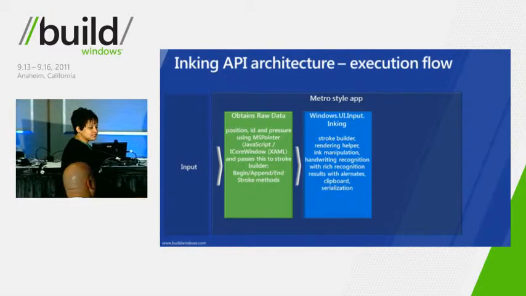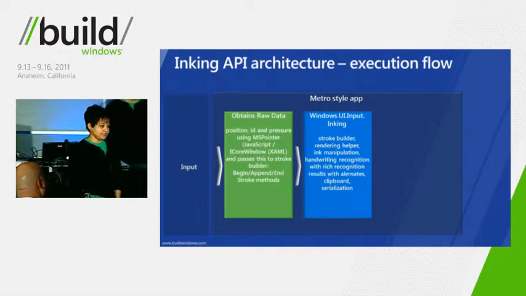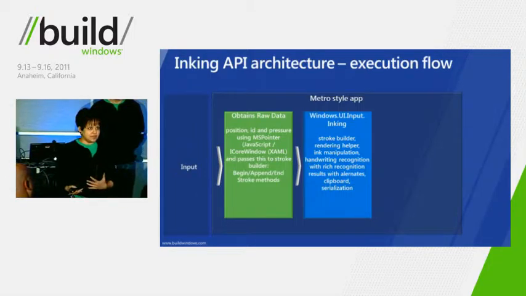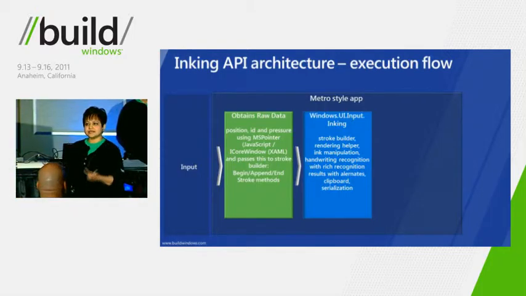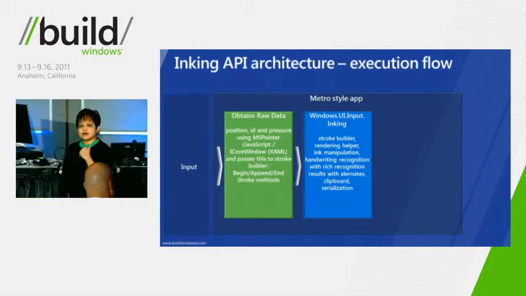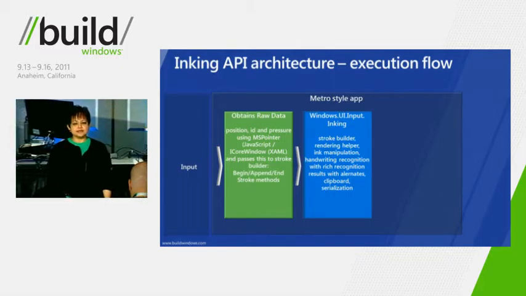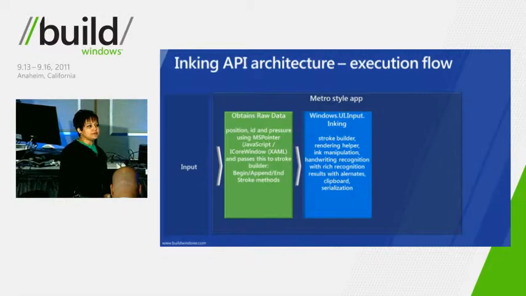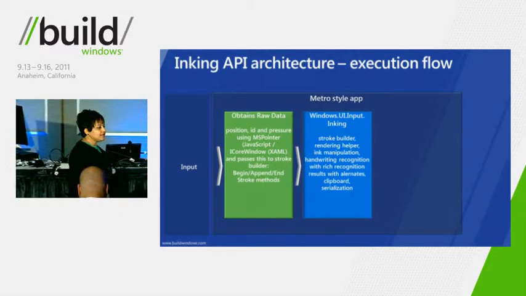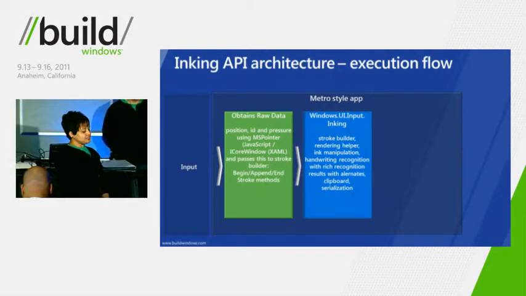A lot of manipulation helps in that. Stroke builder, yes, that's important. Render helper, I talked about. Ink manipulation could be erasing, selecting, moving, change of ink color, change of the tip depth, width. And then there is handwriting recognition.